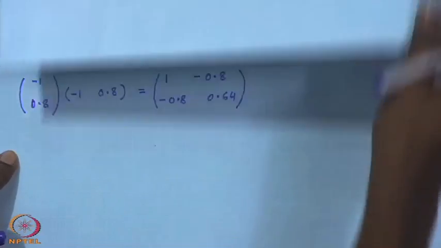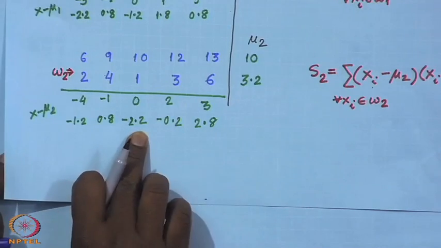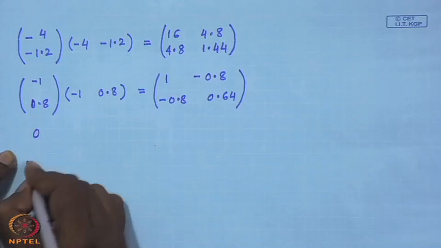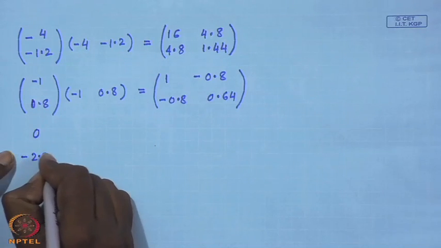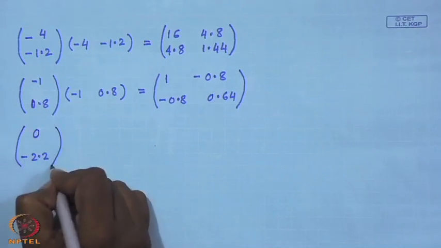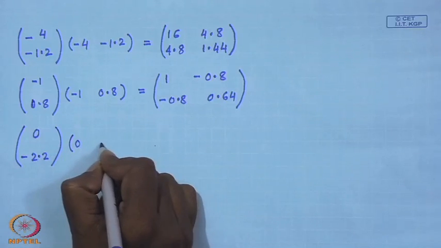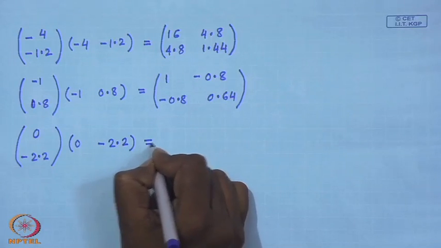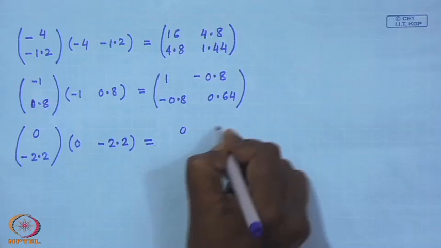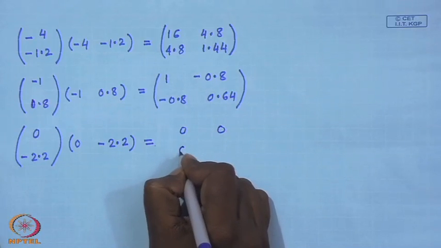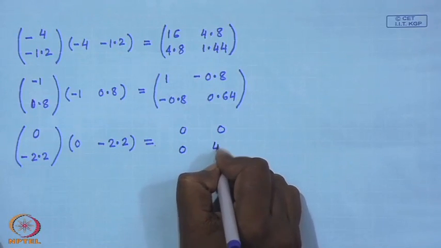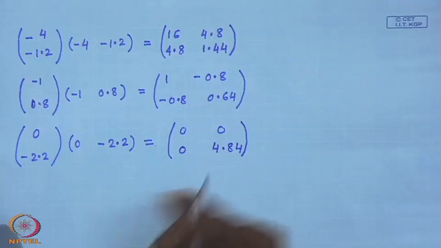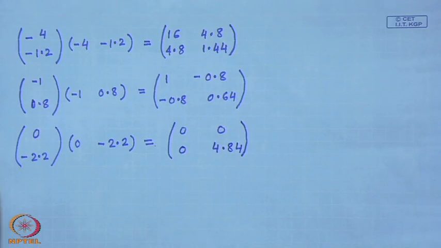For the third one, which is 0, minus 2.2, it is 0, minus 2.2 into the row vector 0, minus 2.2. So, this will simply be 0, 0, 0, then 4.84. So, this is my third matrix.